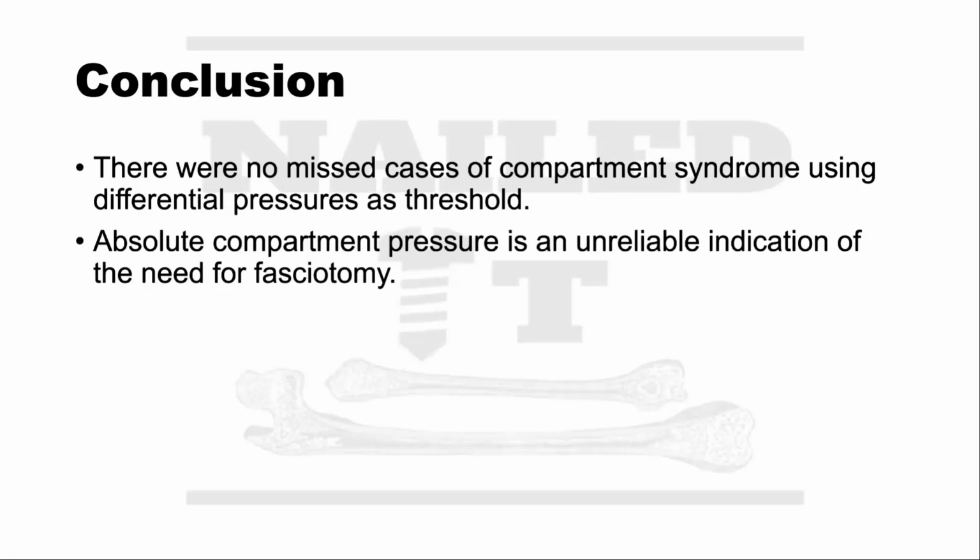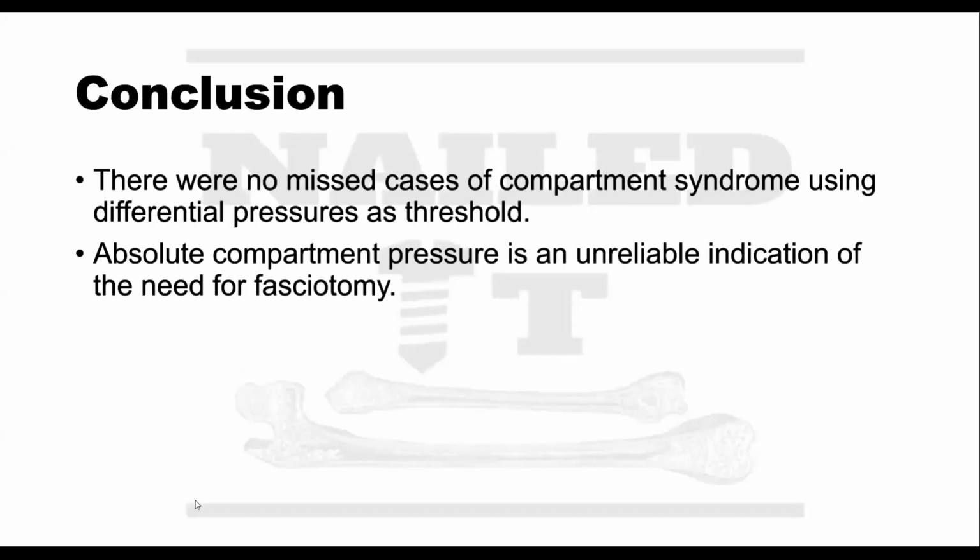And using differential pressures in this study, there are no missed cases of compartment syndrome. So they kind of struck the balance of finding a way to make sure that they're not missing anybody, but also make sure that they're not doing any unnecessary fasciotomies.